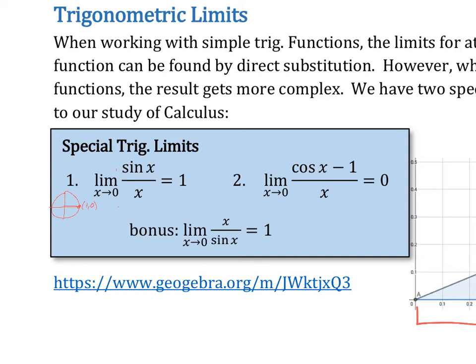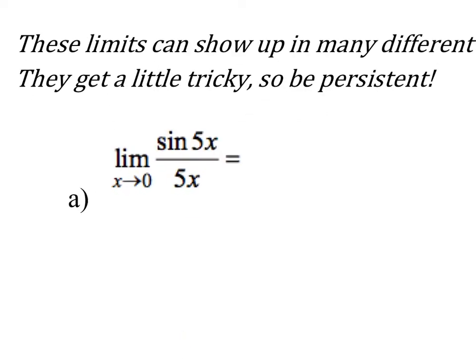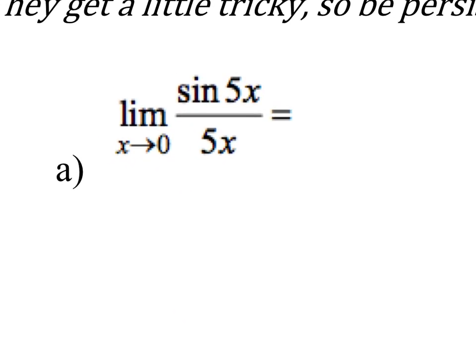So as we are working with these limits, we're looking for these fractions. We're going to try to make things look like one of those because we know those now. We're going to memorize them. So here we go. Here, we've got a 5x, but what we're going to do is say let 5x be u. So we can rewrite this as sine of u over u.